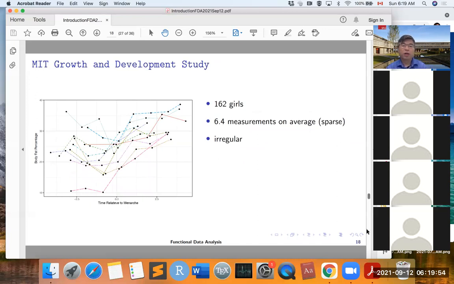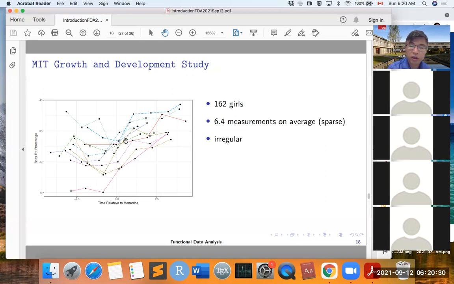Okay, another example is about the percentage of body fat for 162 girls, and how it changes over time. You can see that this data set is much more sparse; on average there are only 6.4 measurements for each curve.